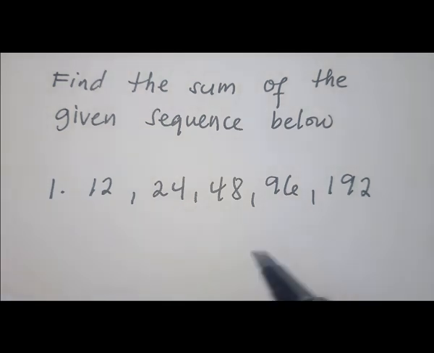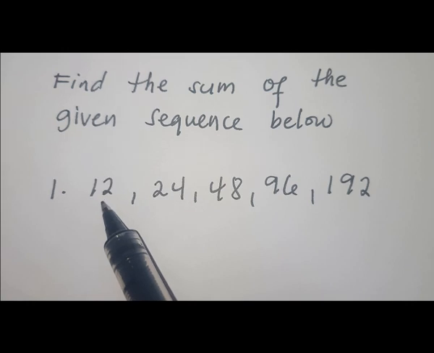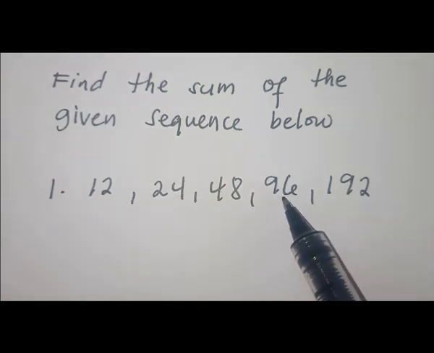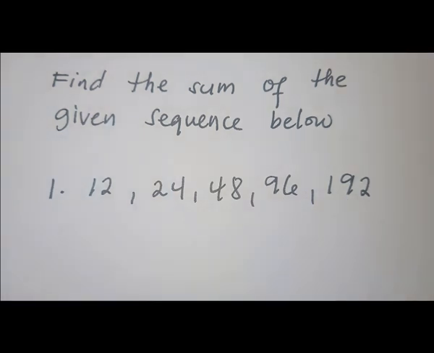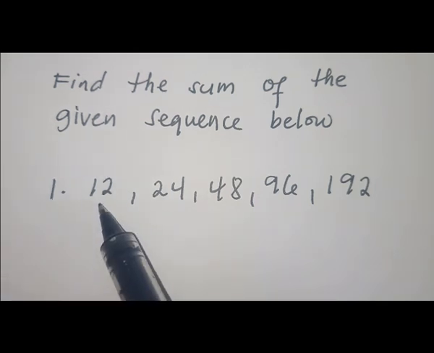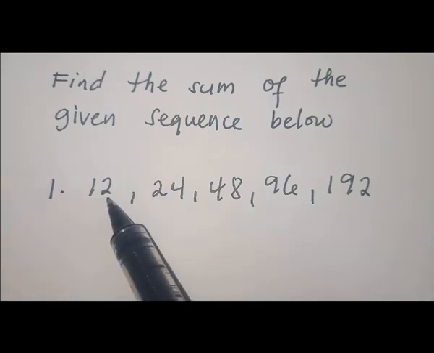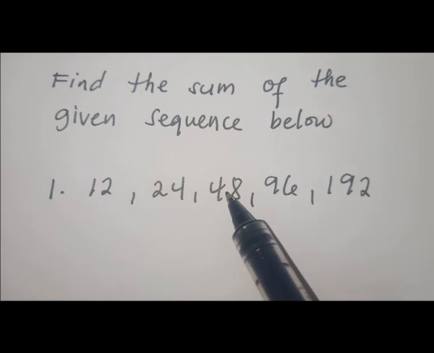Okay. So, for example, number 1 here, meron tayong 12, 24, 48, 96, and 192. So, let us try to add all of this. Okay. So, 12 plus 24, it will give you 36. Okay. Then, 36 plus 48. Okay, so it will give you 84.